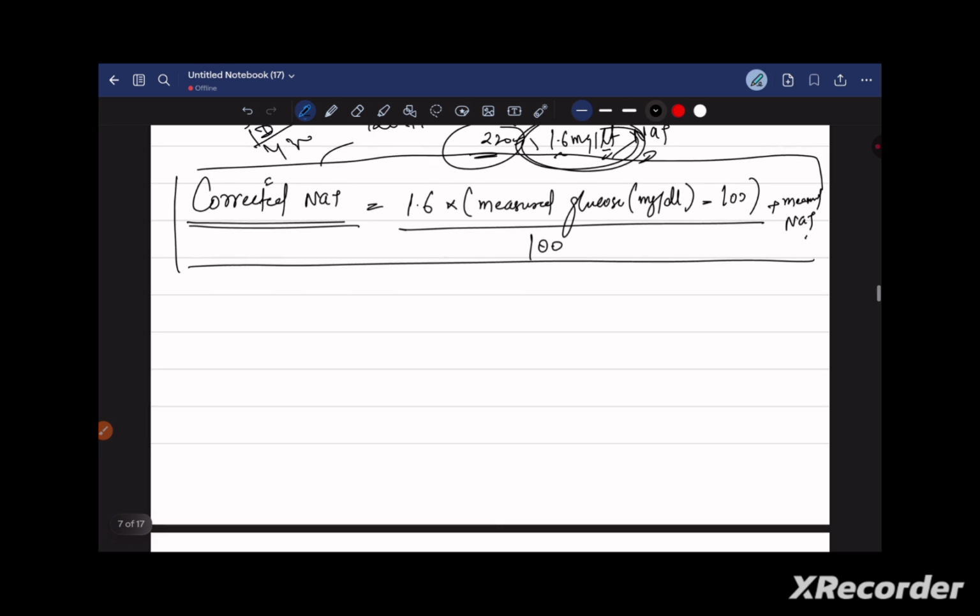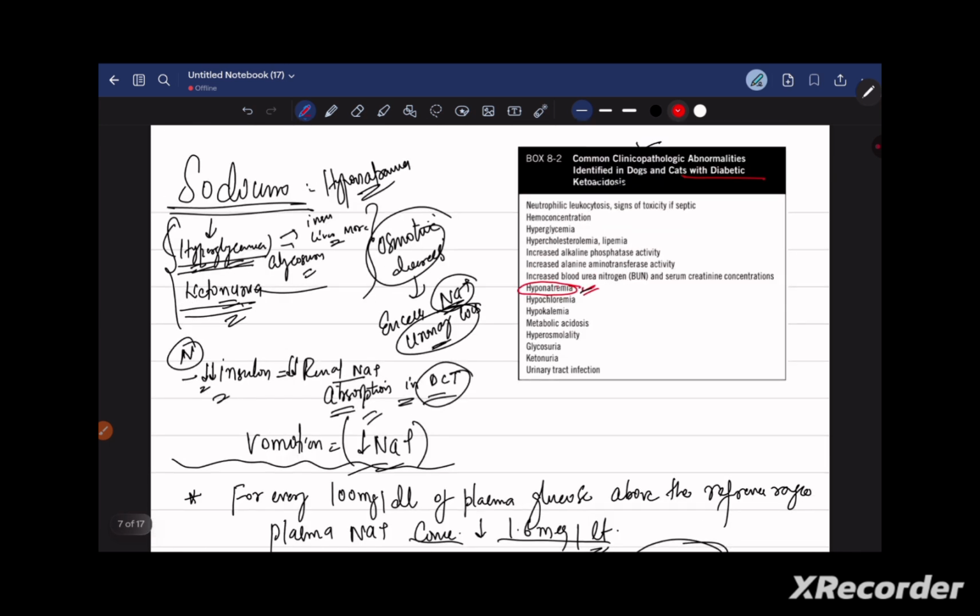Now the second is serum potassium. Here there occurs hypokalemia.